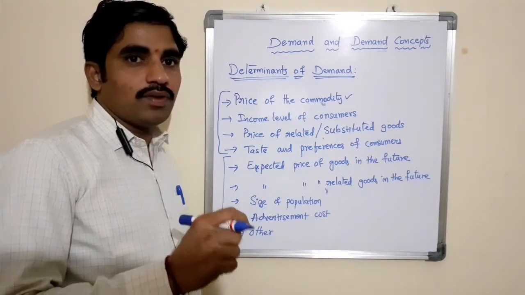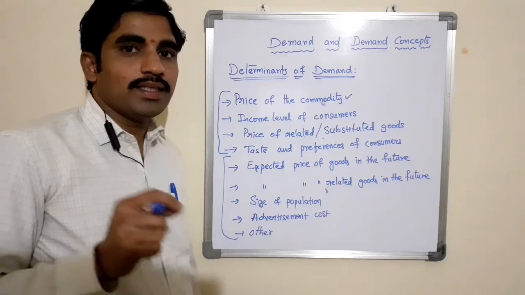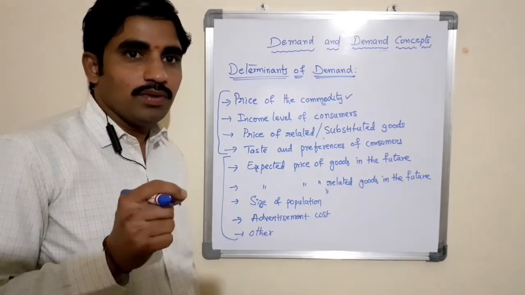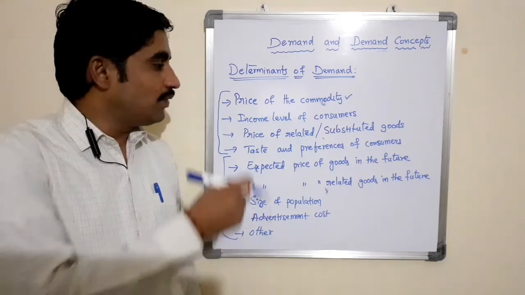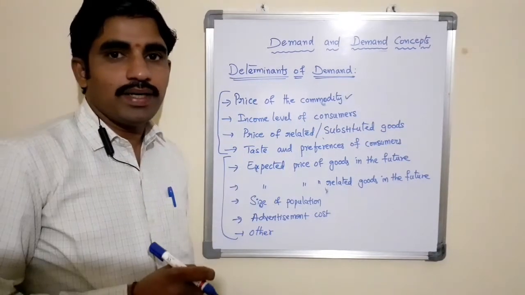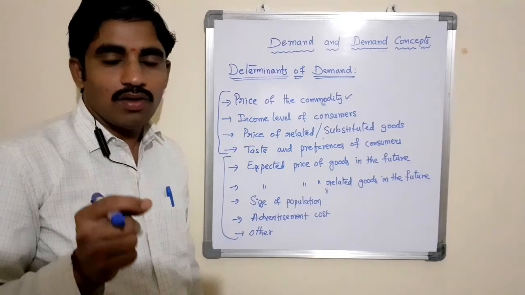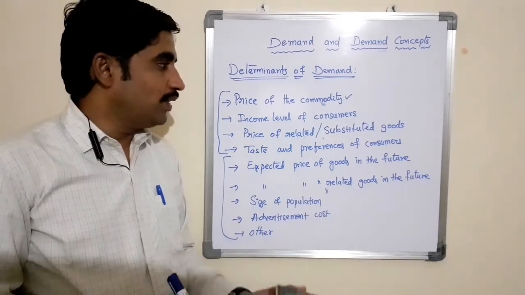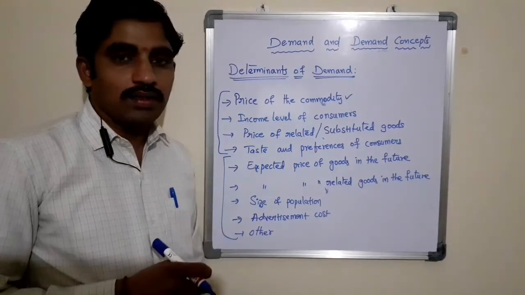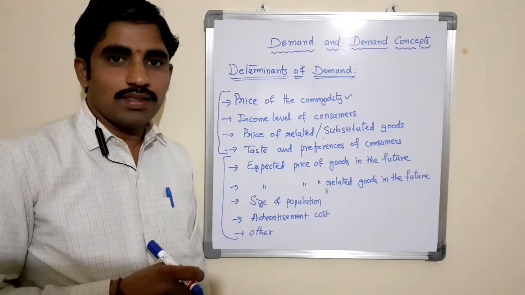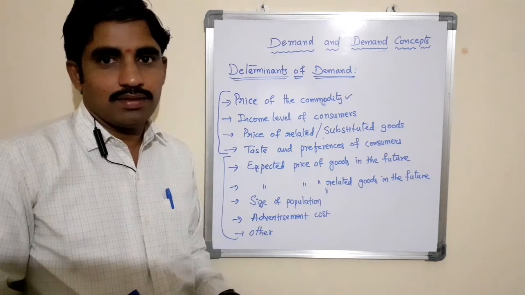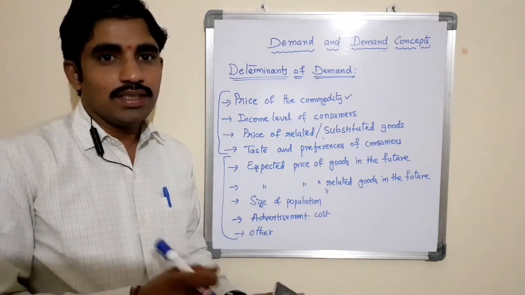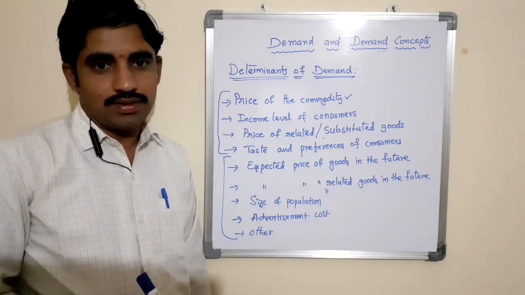The amount of commodity demanded at a particular price is more properly called price demand. The relationship between the price and the quantity demanded of a commodity is known as the law of demand. It is not only the existing price but also the expected change in price which affects demand.